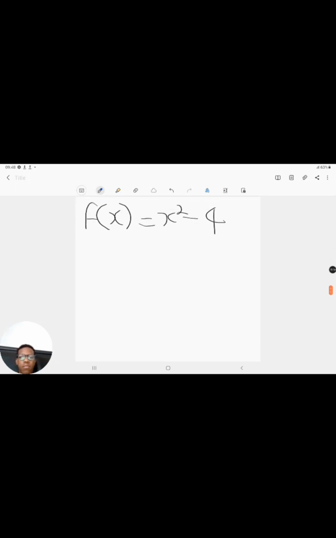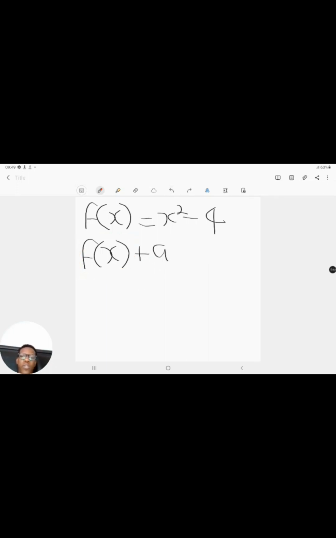Now let's say they ask you to find f of x plus a. What they're telling you is to take everything that makes up f of x and add a onto it. Take the expression of f of x and add a onto that expression.